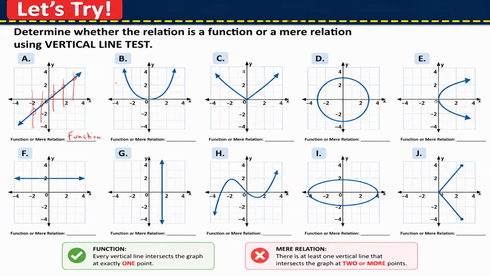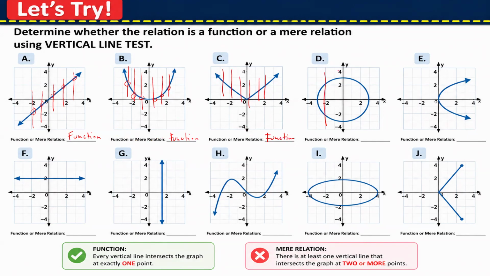Letter B. So again, draw vertical line. Okay, so again, each vertical line touches the graph once. So still, this is a function. Number 3, or letter C, once lang din, right? So function pa din.